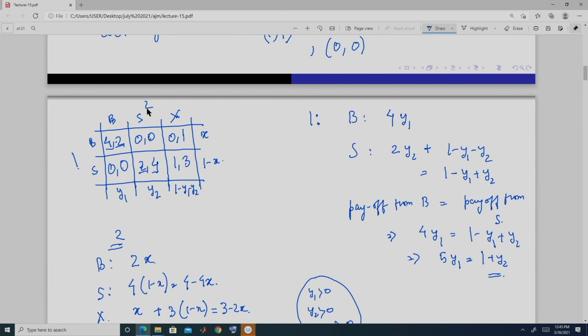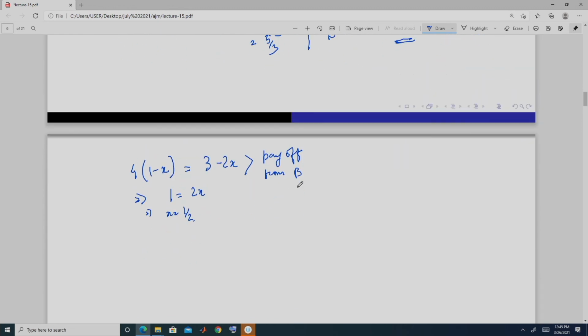If player 2 plays S and X with some probability and plays B with 0 probability, then player 1 knows that if it attaches some probability to B, it will get 0, and it will always get positive when it attaches some probability to S. So, it will always play S. If it always plays S in this situation, then the best response for player 2 is to play 4. So, that is why this situation is not going to happen. So, this is not optimal.